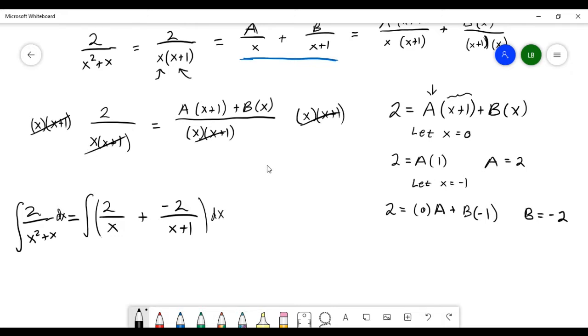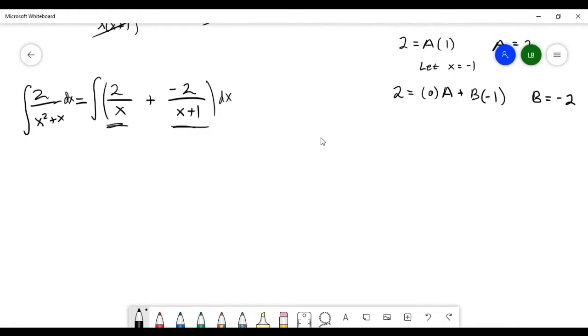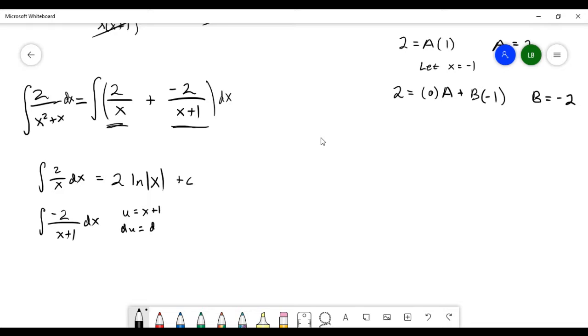So now our problem is we just need to find the integral of 2 over x and the integral of negative 2 over x plus 1. And neither of those are too difficult. The integral of 2 over x dx is equal to 2 times the natural log of x, plus C. And for the integral of negative 2 over x plus 1 dx, we could let u equal x plus 1. du is equal to dx.